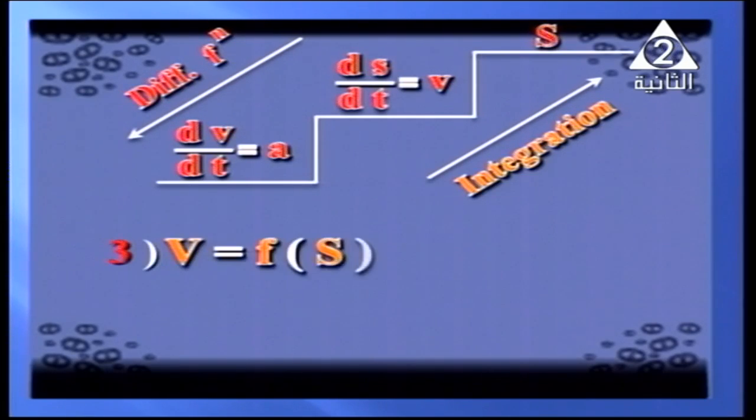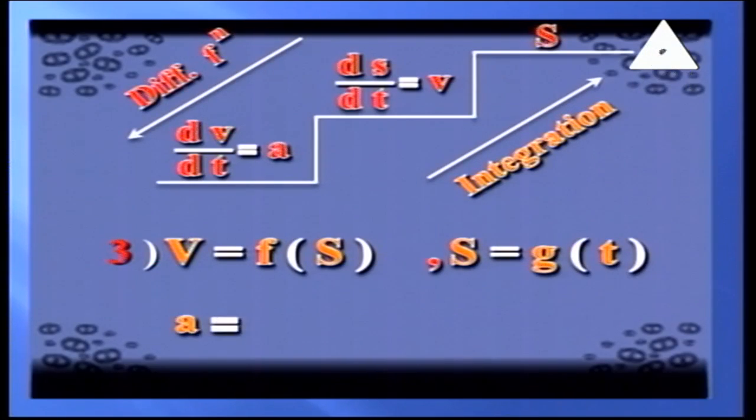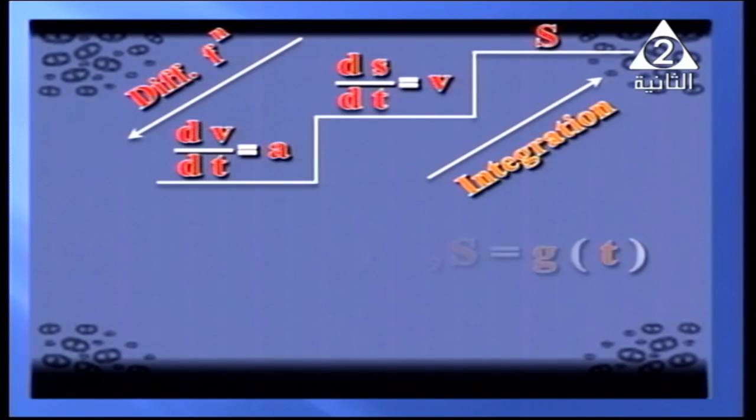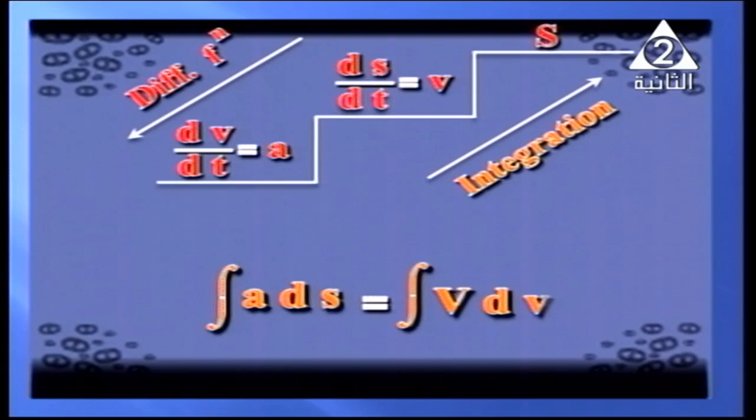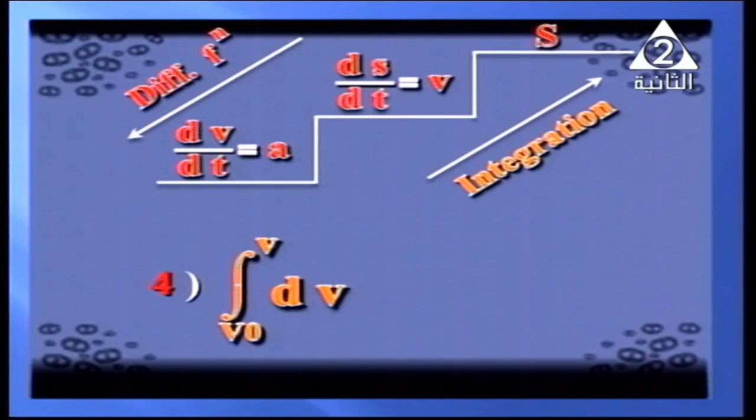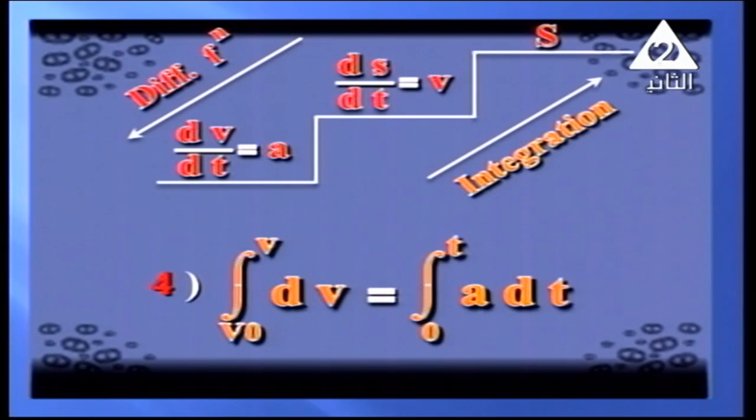V is a function of S, and S is a function of t. Therefore, A equals dV over ds. By using integration, A ds equals integration V dV. Therefore, my dear student, the integration from V naught to V of V dV equals the integration from T naught to T of A dt.